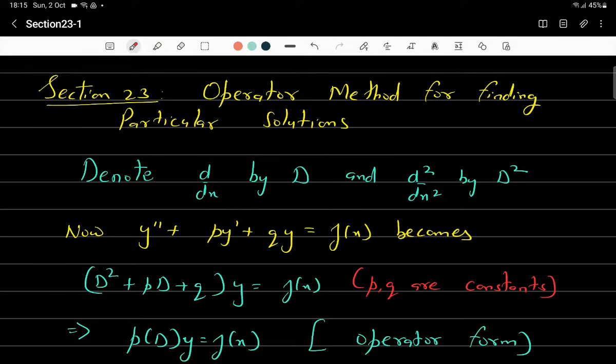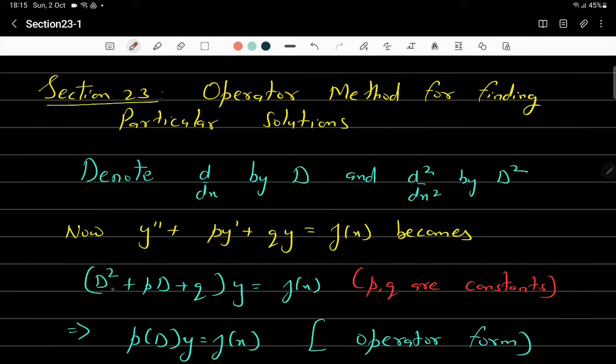To begin with, let us assume that d by dx is denoted as capital D and d2 by dx square is denoted as capital D square. Then the differential equation y double dash plus py dash plus qy is equal to f of x becomes D square plus pD plus q applied to y is equal to f of x.